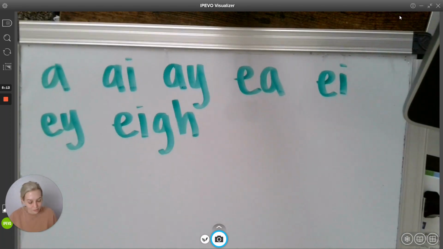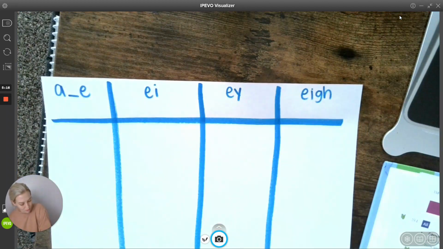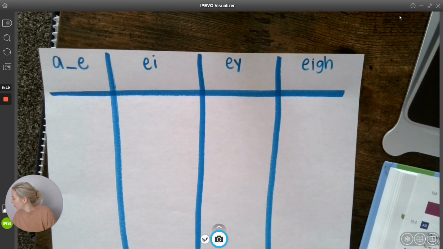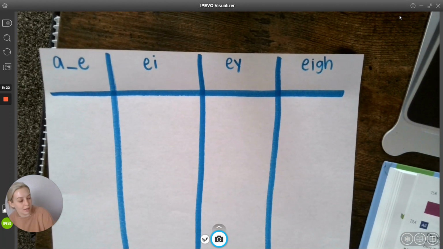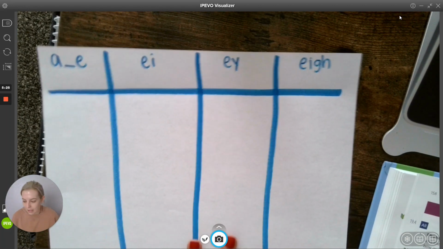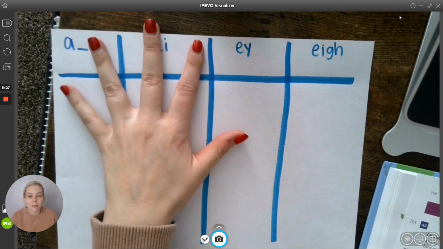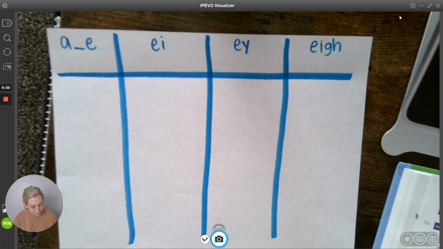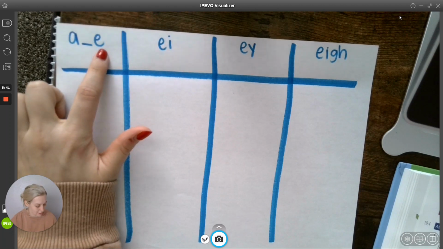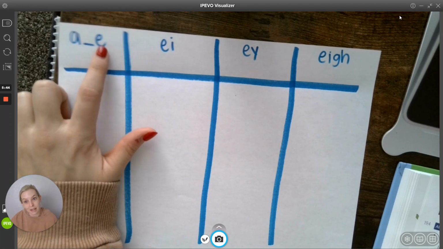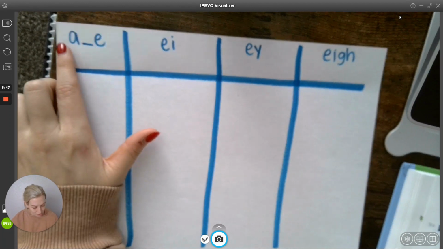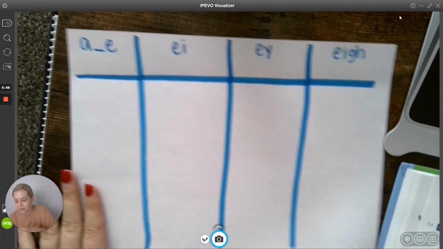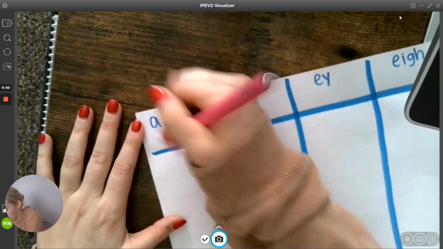I want you to get your piece of paper or notebook or whatever you do your spelling journal work on, or your spelling journal, and make your paper look like mine. Okay? I'm gonna say a few words which use the spelling A consonant E, which means A with a silent final E, right? And I want you to write them in this column. So let's write a little note here, used in the middle of a syllable.